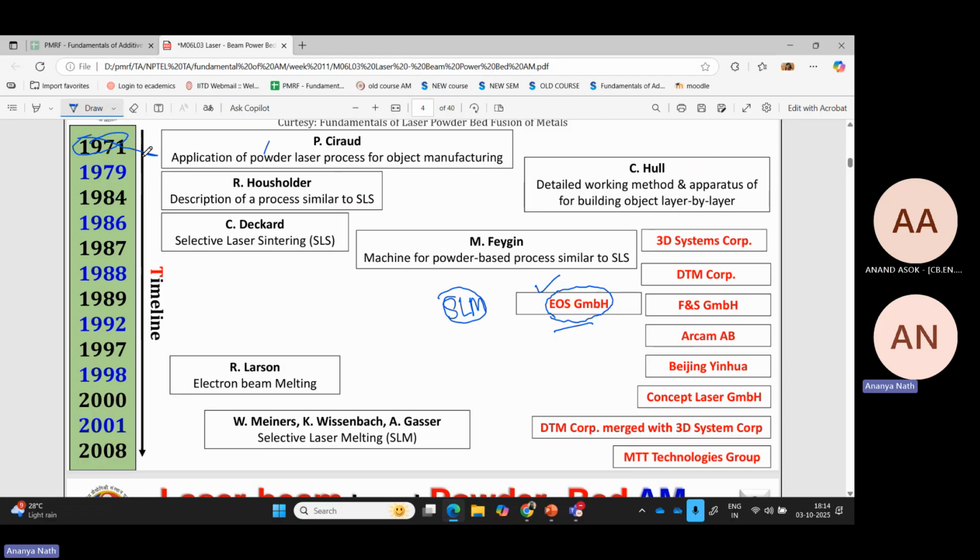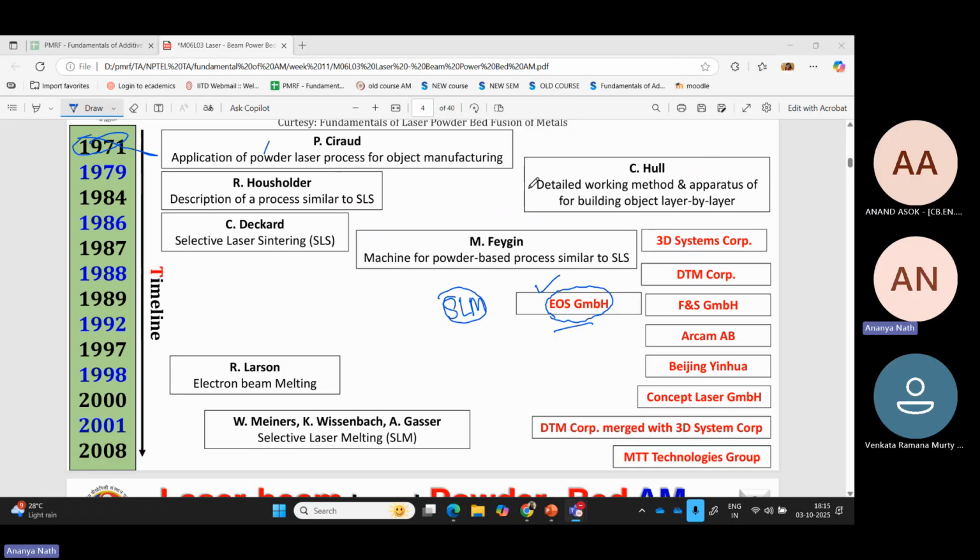So EOS has set the standard. They have the protocol, their powder, their machine, their process parameter values, everything, and part quality. It's not only EOS, it's any company like SLM, EOS, or 3D Systems.